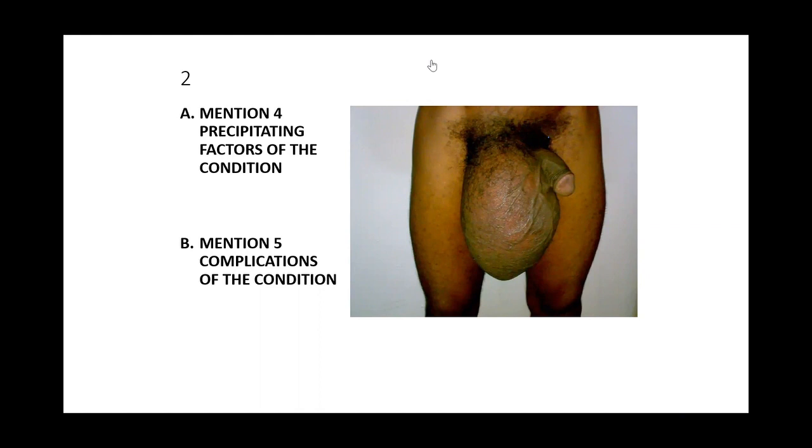Now, if you are asked precipitating factors or risk factors, just first mention all those that will cause an increase in straining. Then you can mention the inherent ones. You see a patient that is having chronic cough, chronic constipation, bladder outlet obstruction, maybe intra-abdominal masses, ascites, pregnancy, and even obesity.